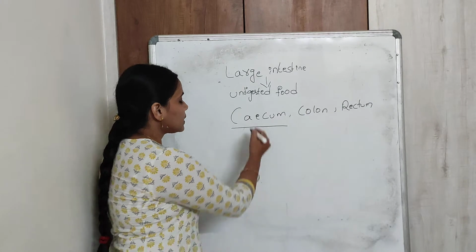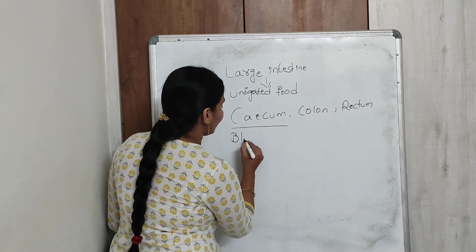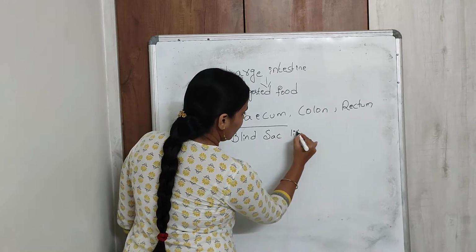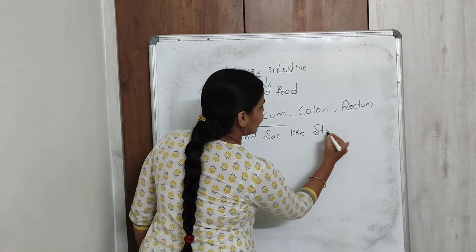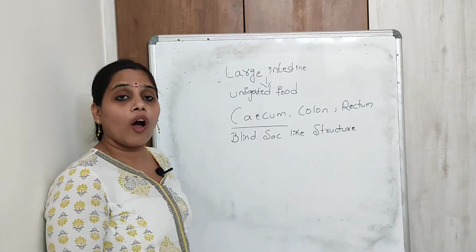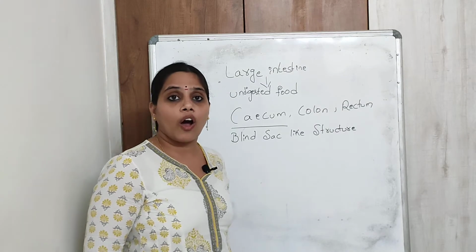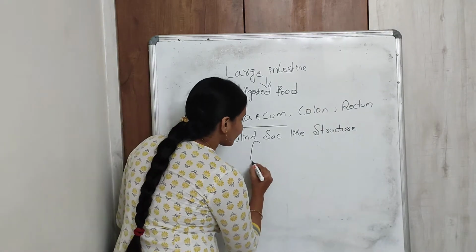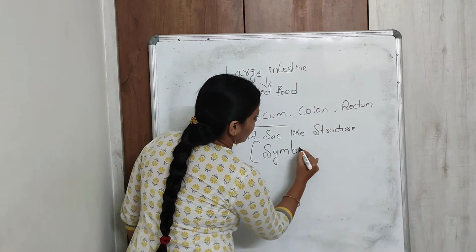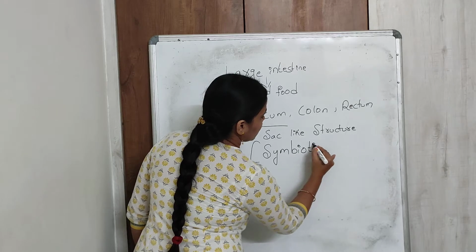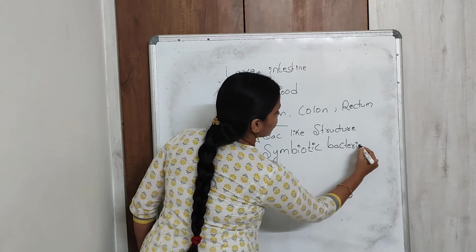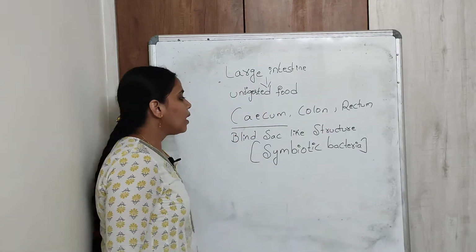The cecum is a blind sac-like structure, children. What is present inside this blind sac? Some bacteria are present. Symbiotic bacteria are present inside the cecum.